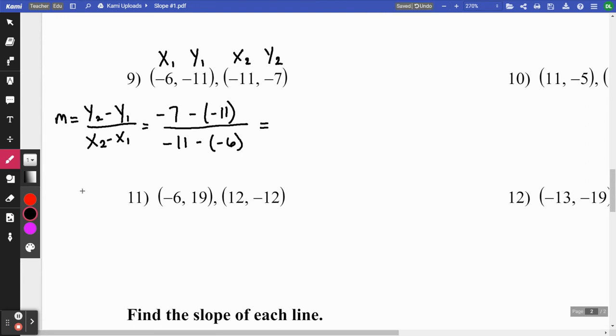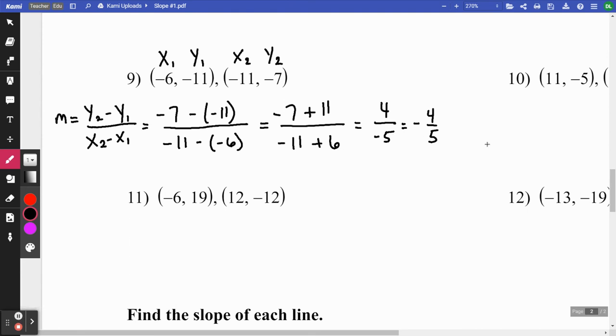Subtracting a negative is a positive, so that is negative 7 plus 11. Same thing here, subtracting a negative is a positive: negative 11 plus 6. And that equals 4 over negative 5, so that is a negative 4 over 5.